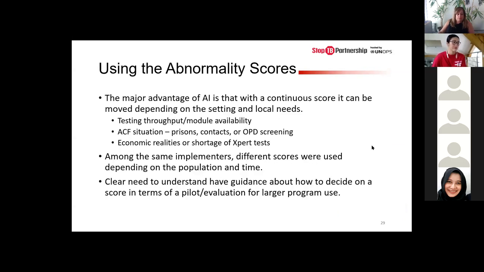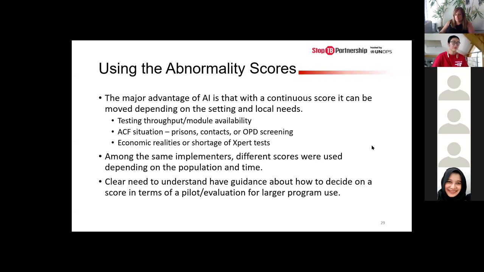So this is the other slide I think is quite important, on the use of abnormality scores or threshold scores. All of these products, as Jijen mentioned, produce a continuous score, 0 to 100 or 0.01 to 1. And it's a huge advantage that you can do that.